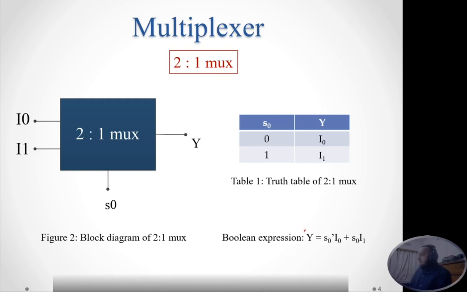So let's see how we wrote the Boolean expression for 2:1 mux. When S0 is 0, our expression becomes 1 into I0 plus 0 into I1. That means we only have I0, so output is I0 when S0 is 0.